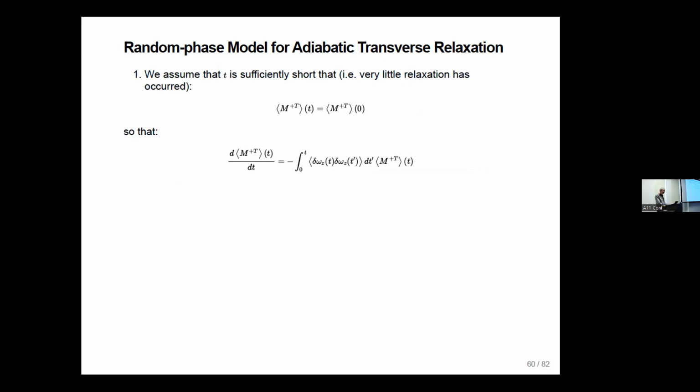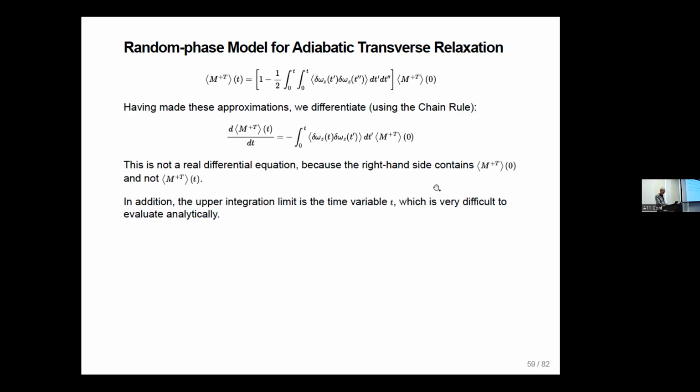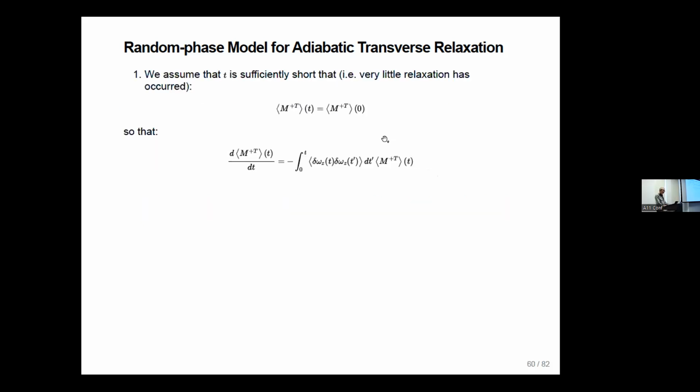Oh, I did things in another order. The other problem is we have the magnetization at time 0, not time t. If we wanted a differential equation, we would have the derivative of magnetization with respect to t on one side and the magnetization at t on the other. We don't have that. We just assume that we're talking about time scales short enough that the magnetization hasn't decayed very much, so that we can approximate this.